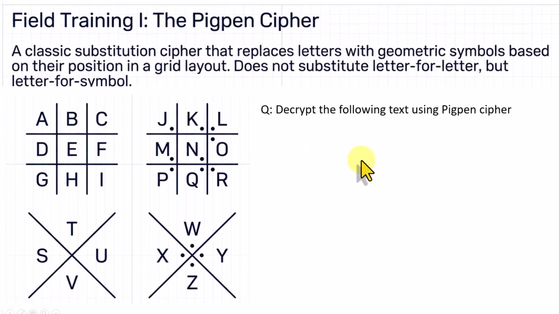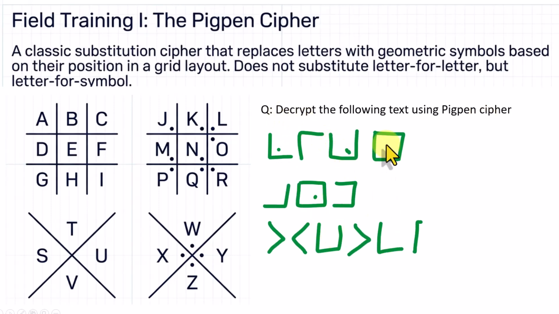And decryption, okay? Decrypt the following text using Pigpen Cipher. In this one, see, we have this Pigpen Cipher, which is the ciphertext, and we want to decrypt it, okay?